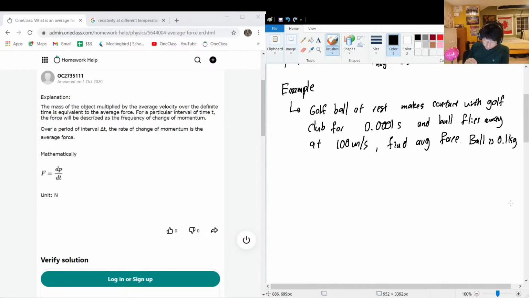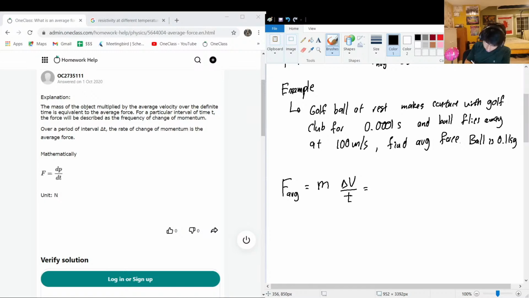Okay, so let's figure this out. The golf ball, so initial velocity is, it's the mass. So we want to take the average force is equal to the mass times the change in velocity with respect to time. So the change in velocity over time.